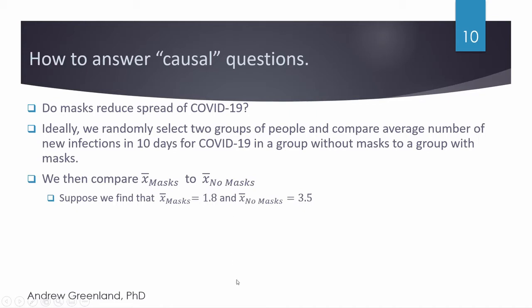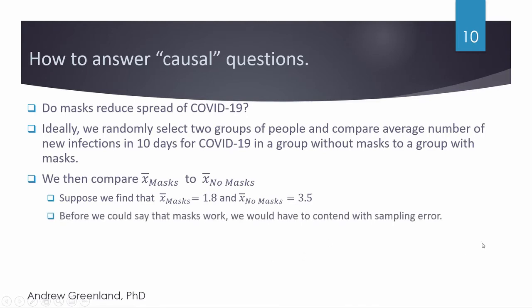So suppose that we were to find that in our 10 days, the average number of new cases, if people were wearing masks, was 1.8 cases per day, and among the no mask population was 3.5 cases per day. The question we would want to really ask ourselves here is if we could actually say that these numbers are statistically different from each other.